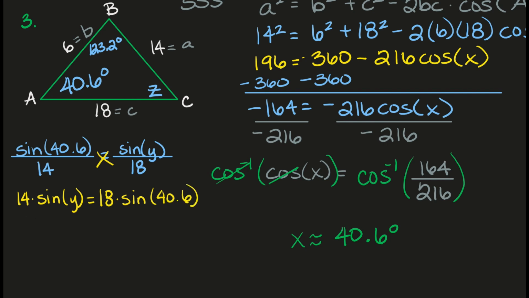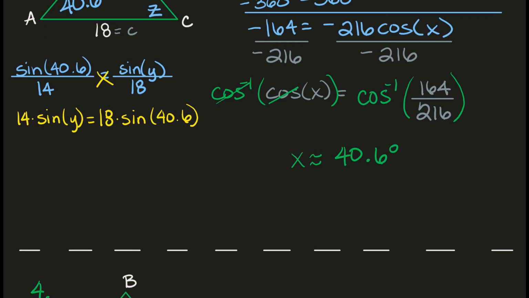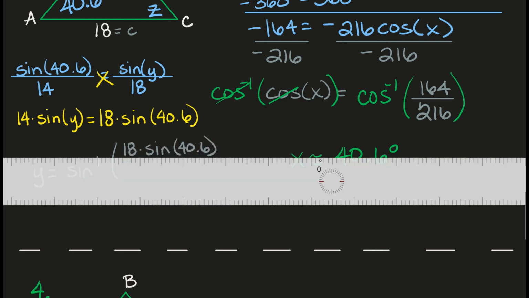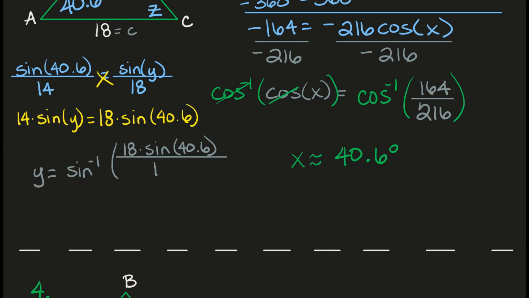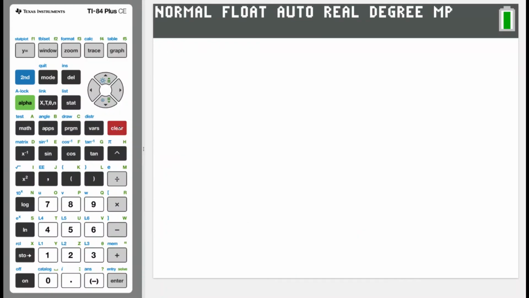So we're going to go ahead and divide by 14 and then take the inverse. So I'll kind of skip writing all that down. So y should be the inverse sine of 18 times sine of 40.6 all over 14. So here we should get 123.2 just like we did before.